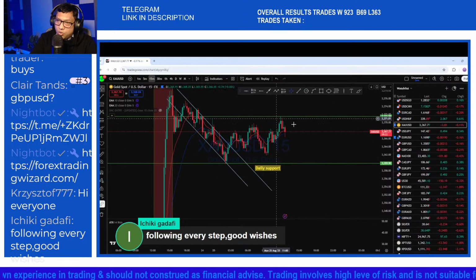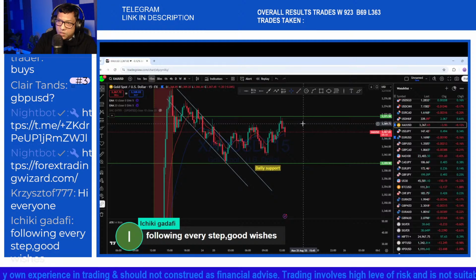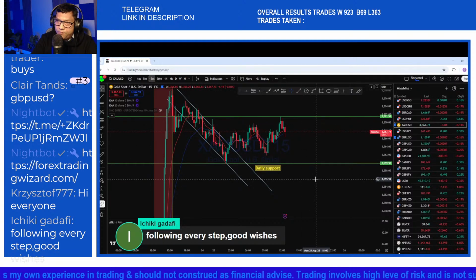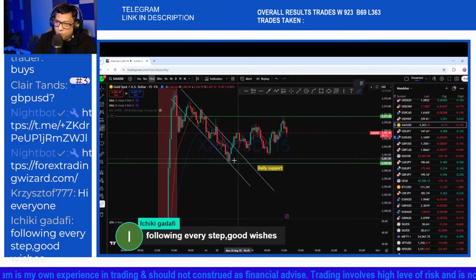The market is slowly building the pressure back below here, which is an important level of support on the daily.